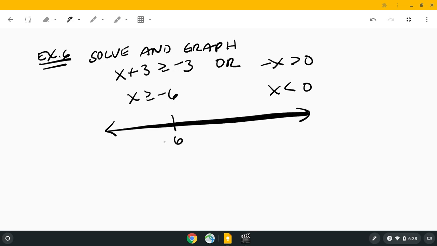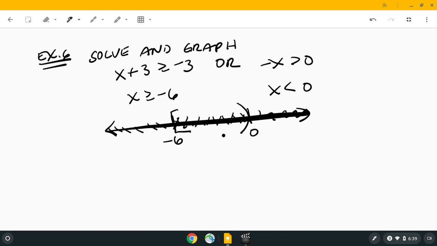-6 is on this side, 0 is over here. So graphing this one first, greater than or equal to -6, so greater than or equal is this way. Less than 0, parentheses. Here, just be careful with this.